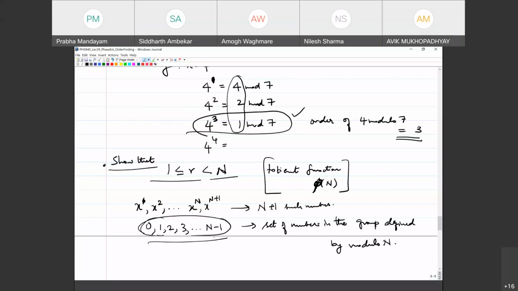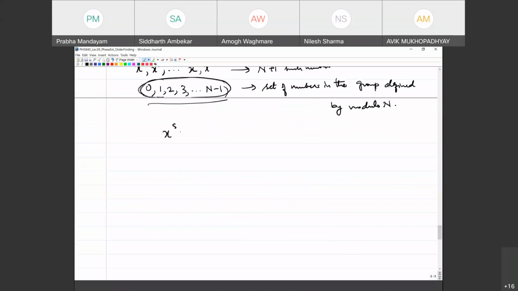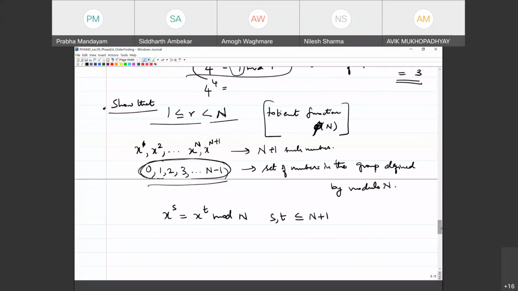So the point is, once I start going beyond n plus 1, then I must have powers which give me the same number here, right? So I must have two powers such that x to the s is the same as x to the t modulo n, where both s and t are bounded by n plus 1. I think I'm making some mistake in this argument here, which I can just argue with respect to just n.